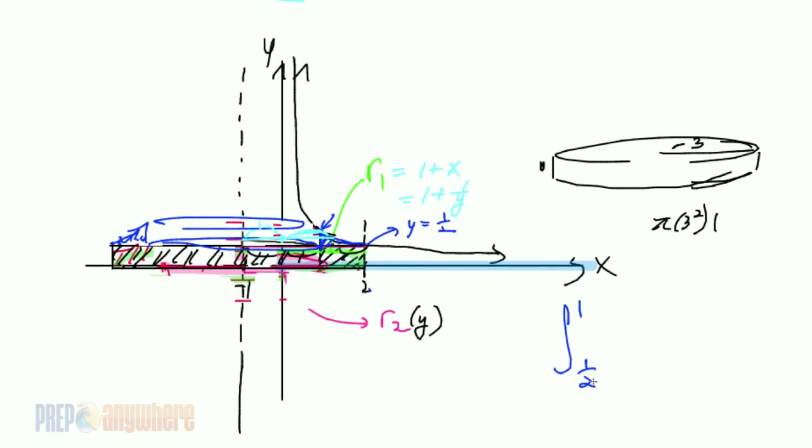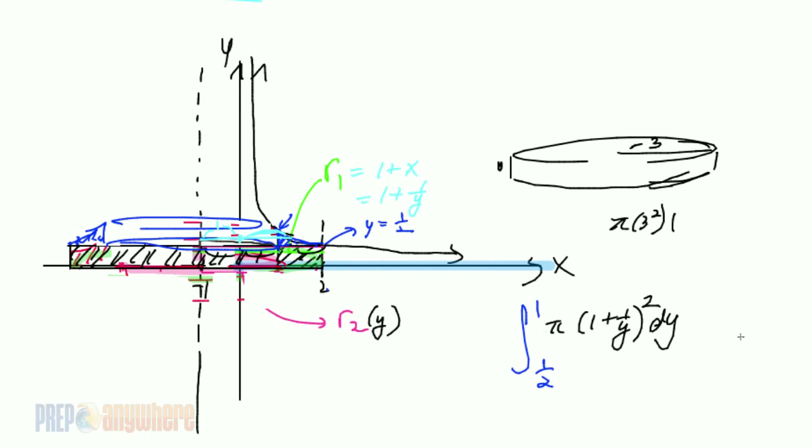All right, so half to 1, it's pi, 1 plus 1 over y, squared. That's the radius. dy. And I'm just going to subtract off this cylinder inside. So do you see this blue cylinder inside? This cylinder right here.